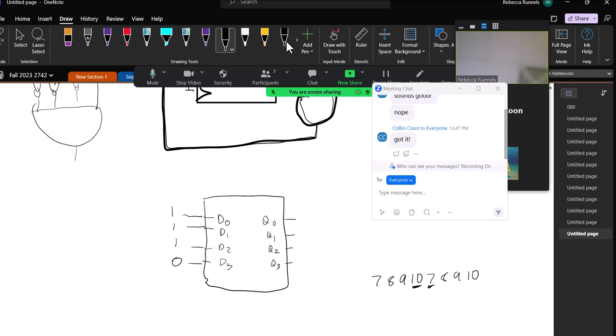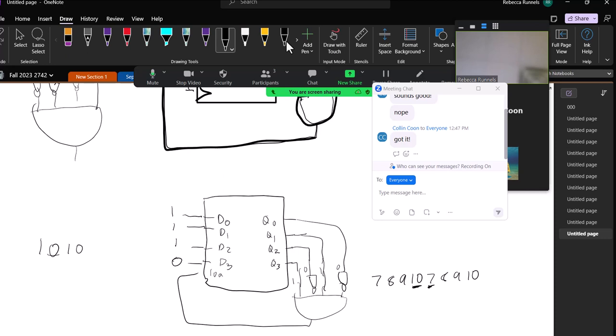The easiest way to detect a 10 is 1, 0, 1, 0, so I have nots on the zeros and ones there. Put that in an AND gate and put that into the load.